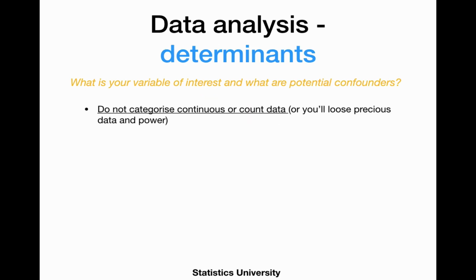On the determinants, you should ask yourself, what is your variable of interest and what are potential confounders? And an important point with regards to this is that you should not categorize continuous or count data when putting them into your model, because you will lose precious data and power.